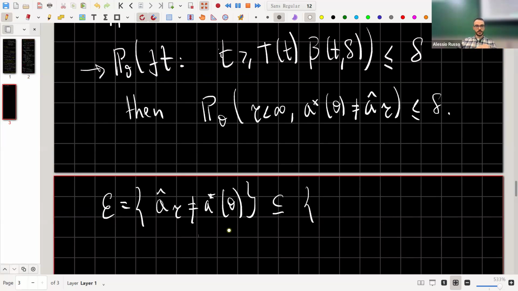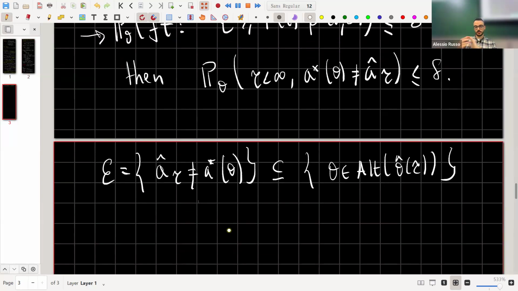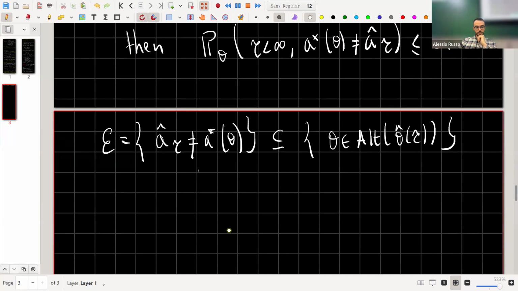So you can think of this event as being included in the event where the true model is an alternative model for your estimated model. Okay, so we start from this statement.